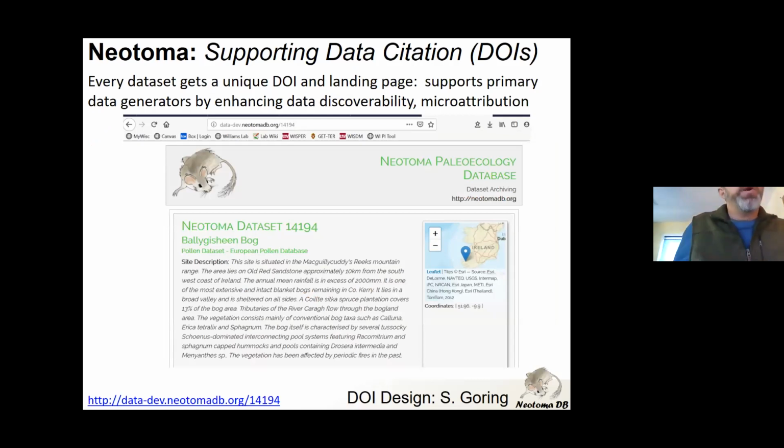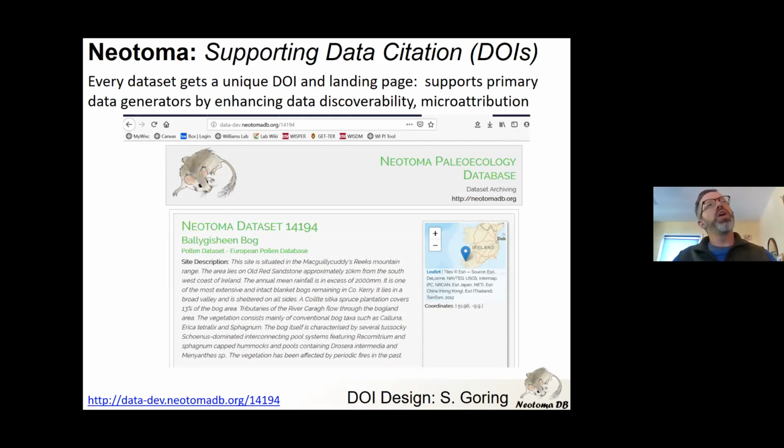One, as I mentioned a moment ago, we now assign DOIs to all data sets in Neotoma. So every data set in Neotoma gets a unique data identifier. This has been work led by Simon Goring, working with the DataCite minting service for DOIs.